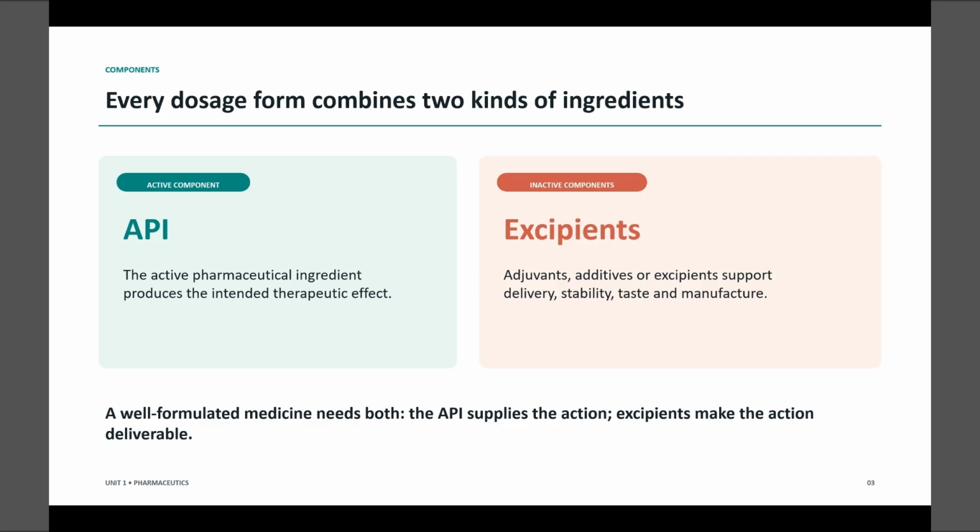Another is the excipient. Excipients, which we can call adjuvants or additives, support the delivery, stability, taste, and manufacture. Only the API will produce the pharmacological effect. The excipients will not have any pharmacological effect. It is an inert substance.